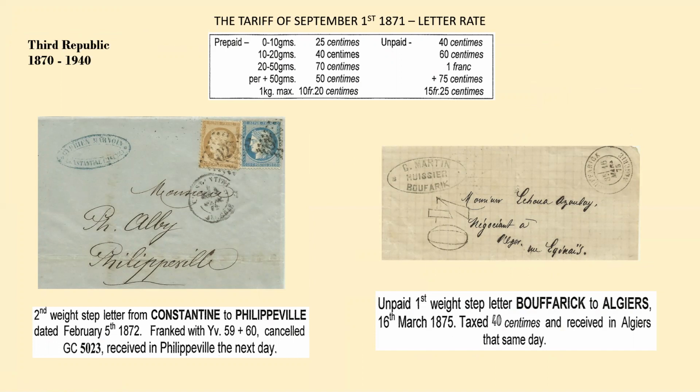Now we reach the times of the Third Republic from 1870, which lasted until 1940.